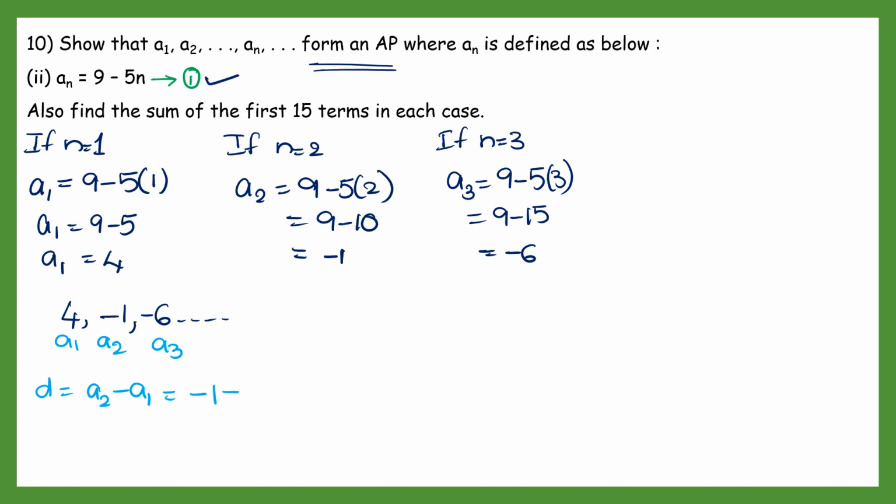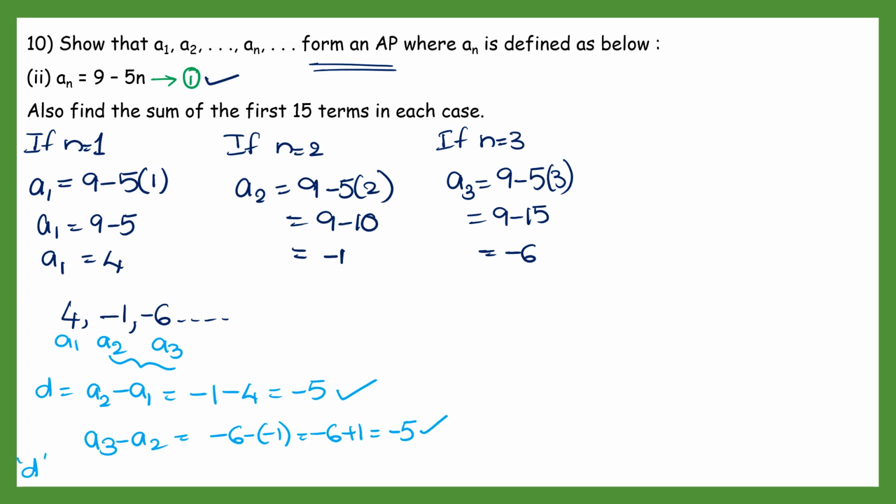Minus 1 minus 4. We get minus 5. Now find the difference between a3 and a2. a3 minus a2. We get minus 6 minus of minus 1. So minus 6 plus 1. We got minus 5. So difference is same in both cases.